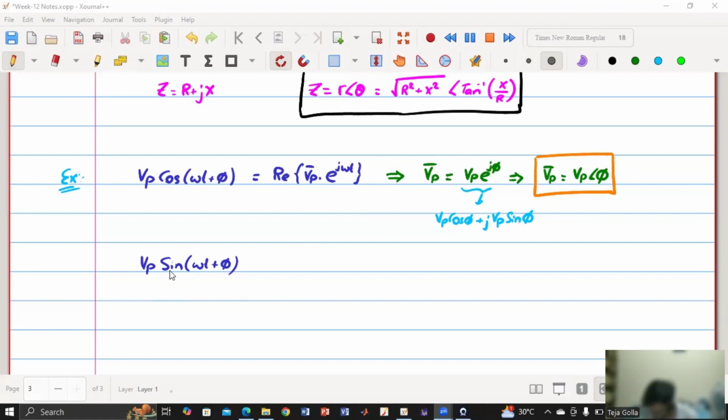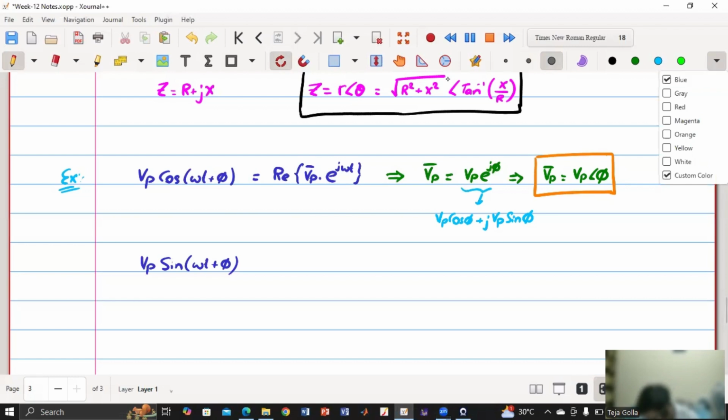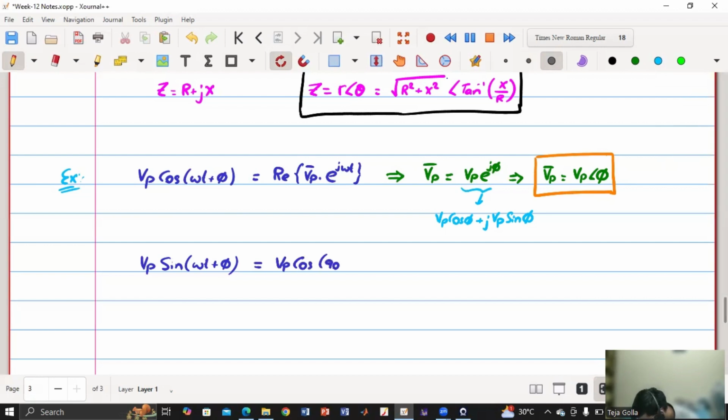So we have to write in terms of cos. Now how will I be writing? I know that cos 90 minus theta is sin theta. So I'll write Vp into cos 90 degrees minus omega t minus phi, because cos of minus theta is equal to cos theta.